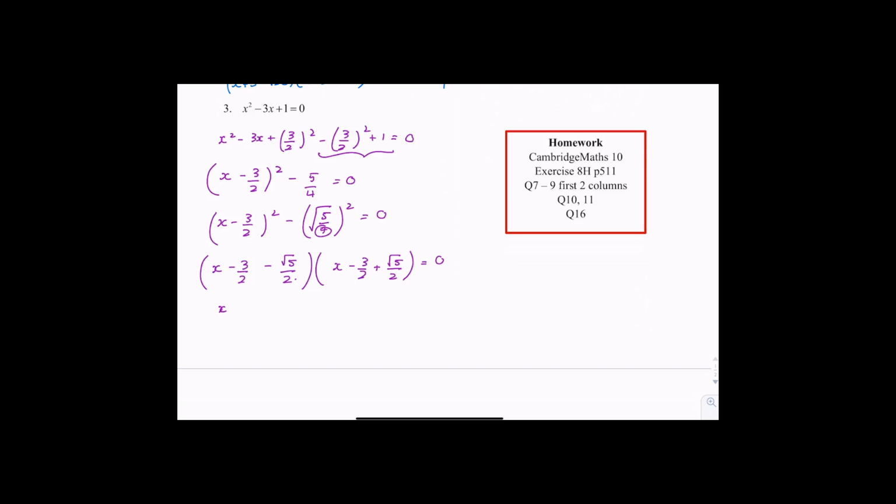I've got x minus 3 over 2 minus root 5 over 2 equals 0. Or I have x minus 3 over 2 plus root 5 over 2 equals 0. So I get x equals 3 over 2 plus root 5 over 2, or x equals 3 over 2 minus root 5 over 2.